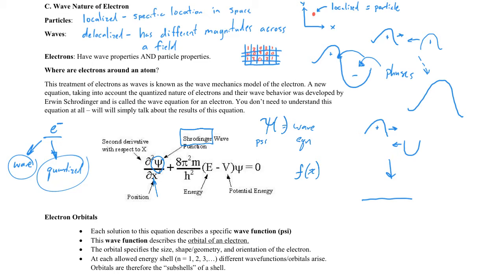Basically, what we're going to look at today is we're not going to be solving this wave equation. It's already been solved for simple situations. It's been solved for most practical purposes, and we can look at the results of this equation. And it turns out when we look at the results of solving this equation, we can get really cool information about the electron itself and what it's doing when it has these different energies.